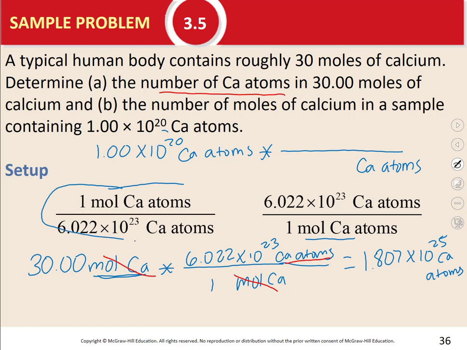Calcium atoms on the bottom and moles on the top, because I'm being asked what are the number of moles. So the unit you want needs to be on top. Moles of calcium. So now 1 goes on the top and 6.022 times 10 to the 23rd goes on the bottom, which means we are basically taking our 1 times 10 to the 20th and dividing it by 6.022 times 10 to the 23rd. Should give us a small number.